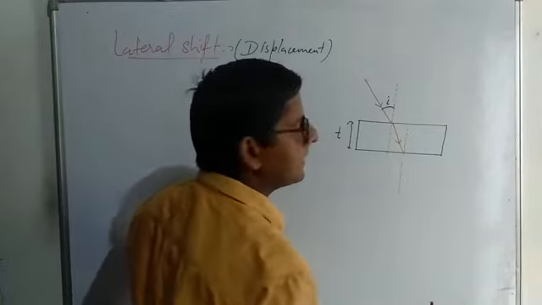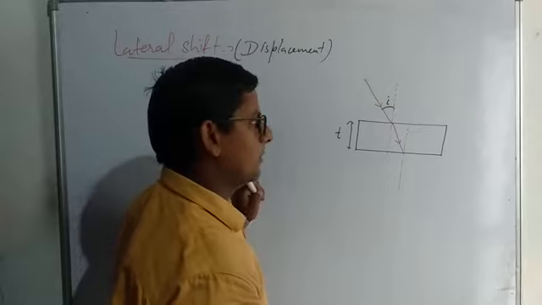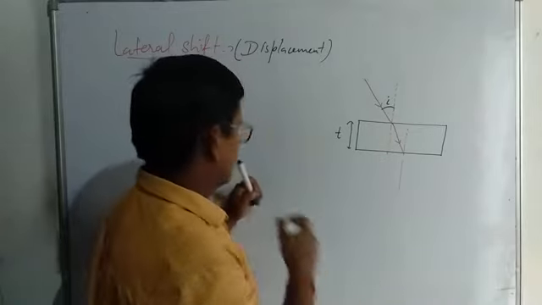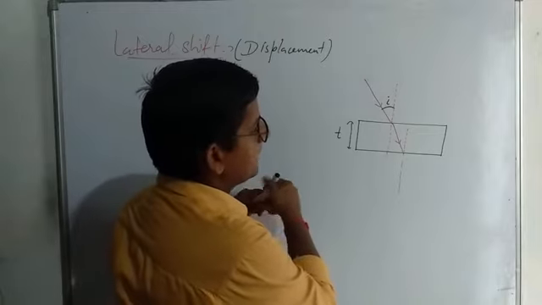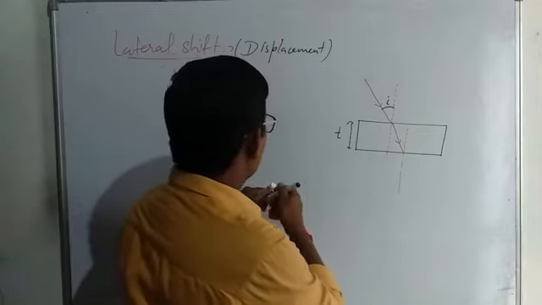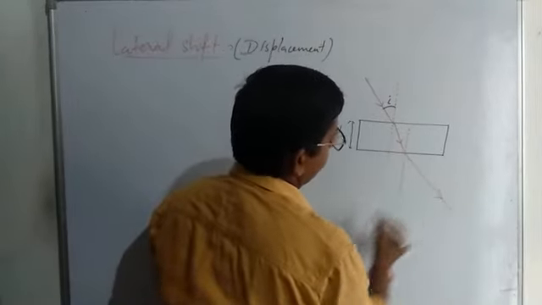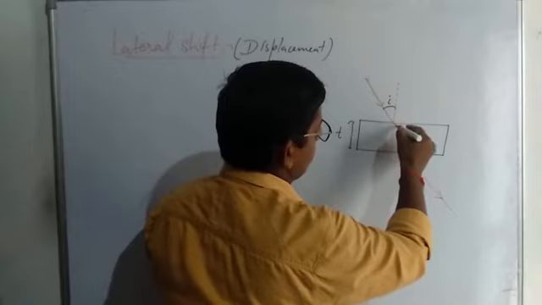Now we can say that the ray passes from denser to rarer, because it is passing from glass to air. In the case of denser to rarer, it moves away from the normal, and that is the initial path.